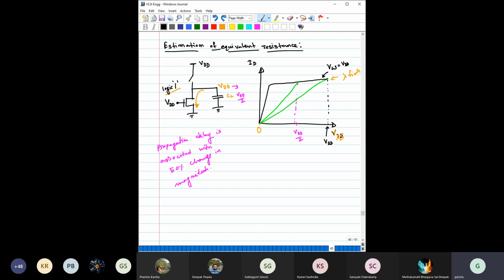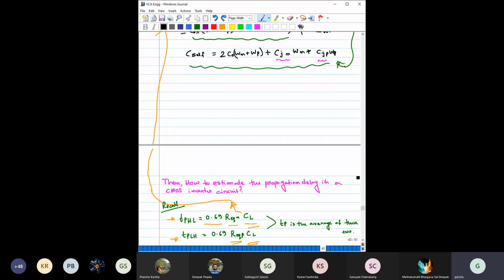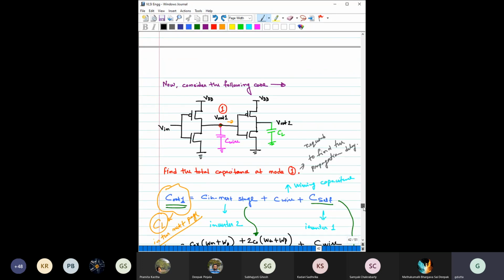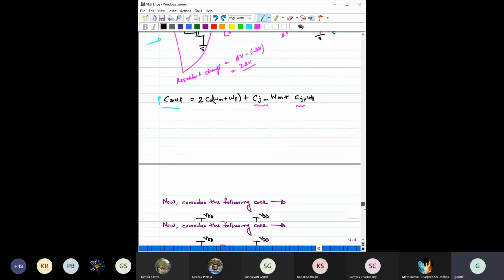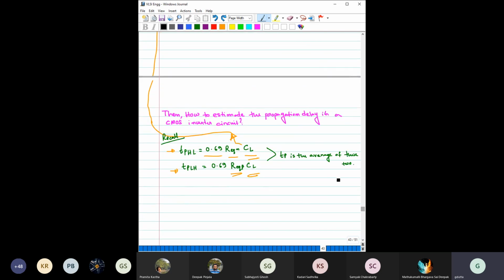So in the last class, we were discussing propagation delay, and we saw how to estimate the total input capacitance and output capacitance. Now when you want to calculate the delay, that is TP, you know TP is the average of TPHL and TPLH.